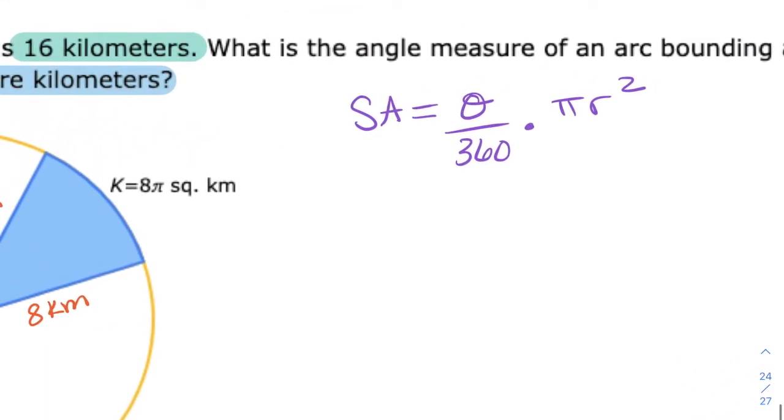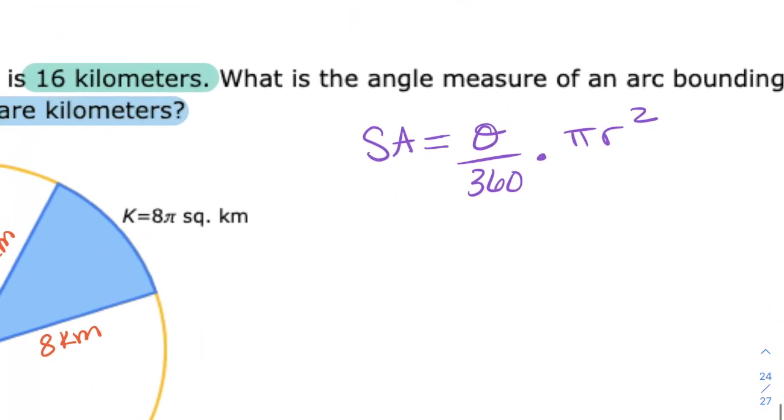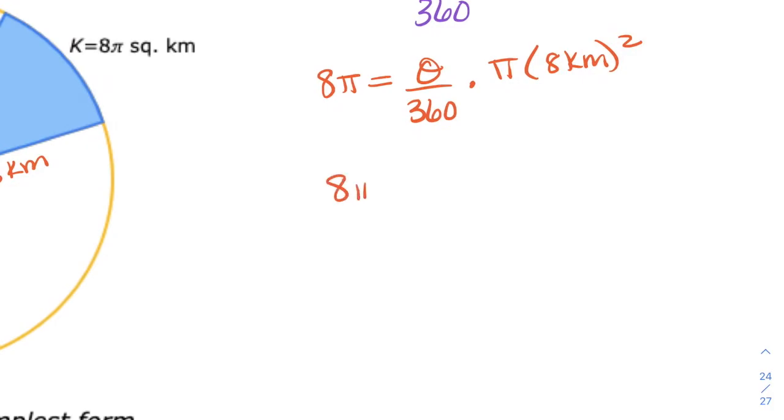Okay, so I'm going to fill in the missing information. I have 8 pi on this side, and I have theta over 360 times pi r squared, which is 8 kilometers squared. So 8 pi equals theta over 360 times pi times 64.